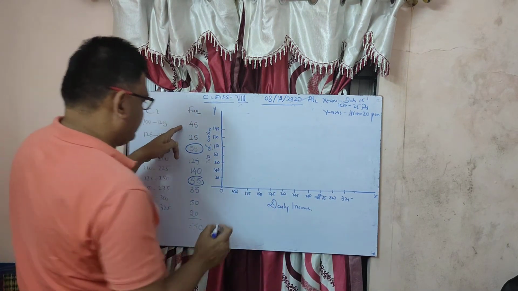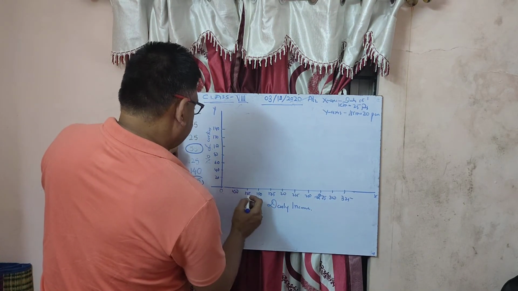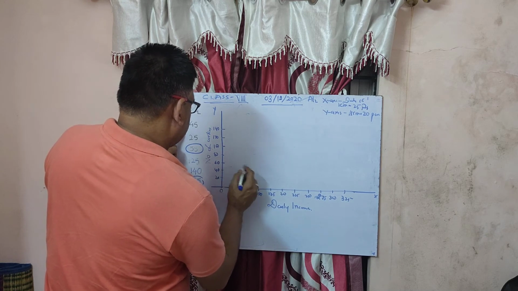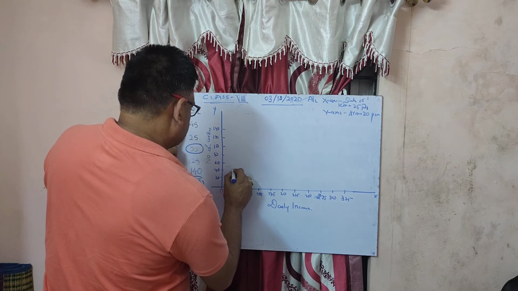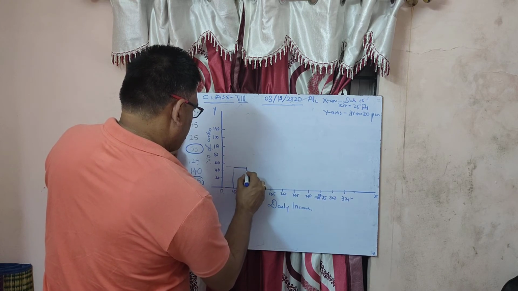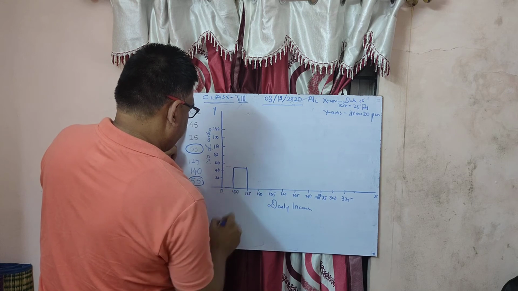How much is it? 45. So 100 here, 125 is here. Now 45 is here. Now you can draw here. Now this is 100 to 125.